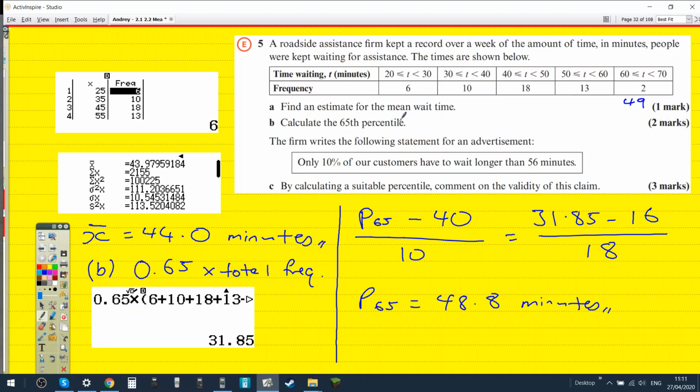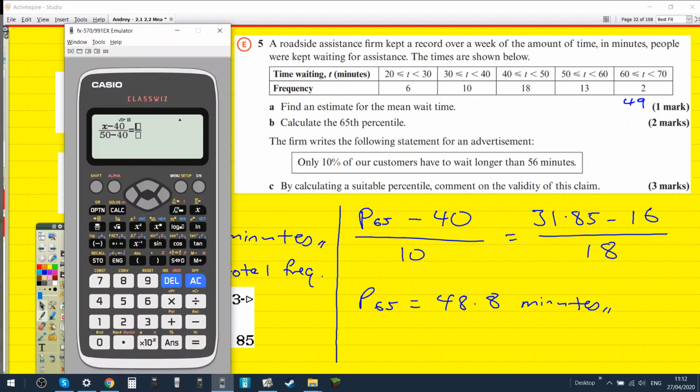Okay. So I need to do 49 times 0.9. You'd have to do what we just did, but for the 90th percentile. So you start by doing 0.9 times, 90% of 49 to begin with. Okay, I got 44.1.